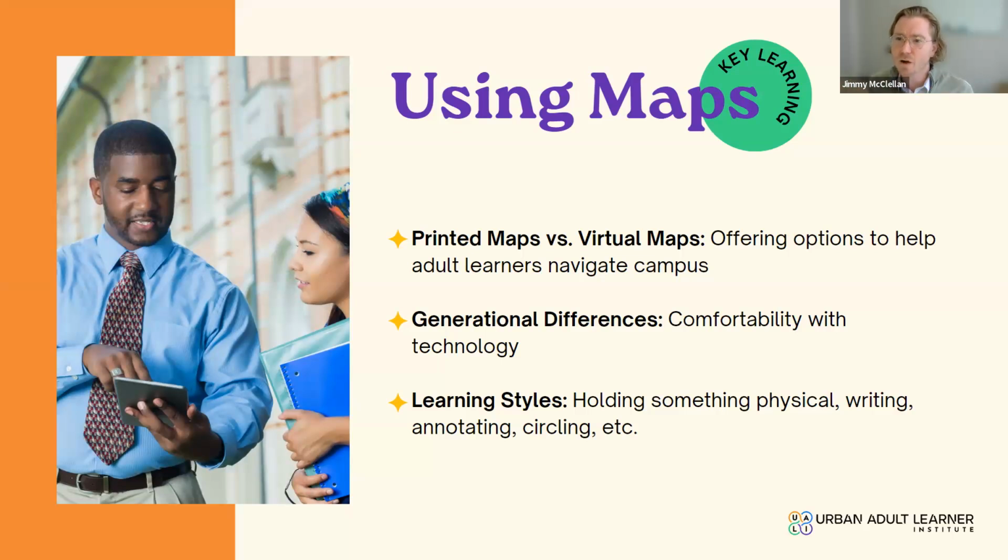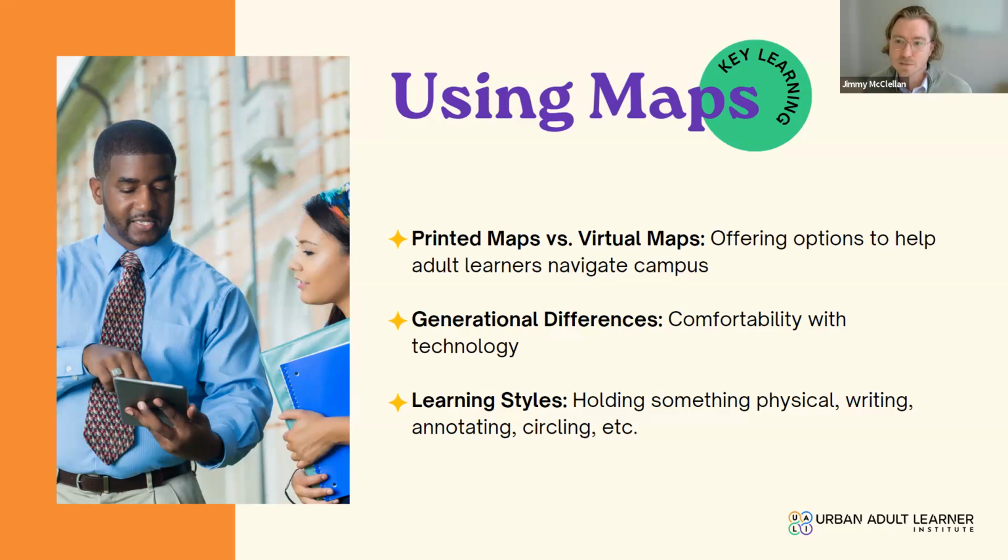When we think about the research showing that many adult learners may not feel as comfortable with technologies, how do we make sure that the first thing they're experiencing, maybe after coming to tour campus for the first time or just walk through campus, sets them on a foot that makes them feel more included?